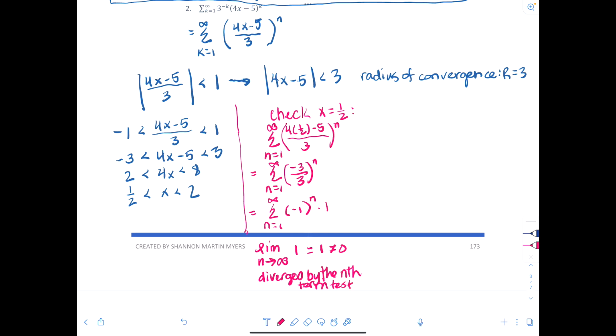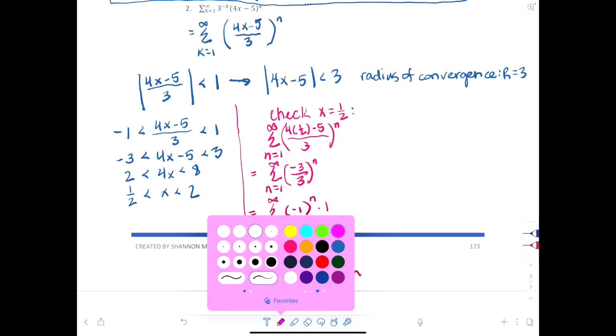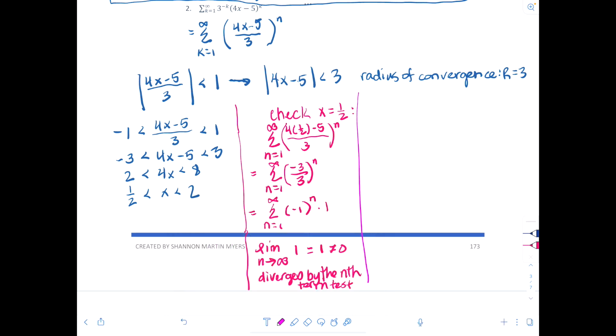And now, if we check the other endpoint, x equal to 2, we'll have the summation as n goes from 1 to infinity of 4 times 2 minus 5 over 3, all of that raised to the n.